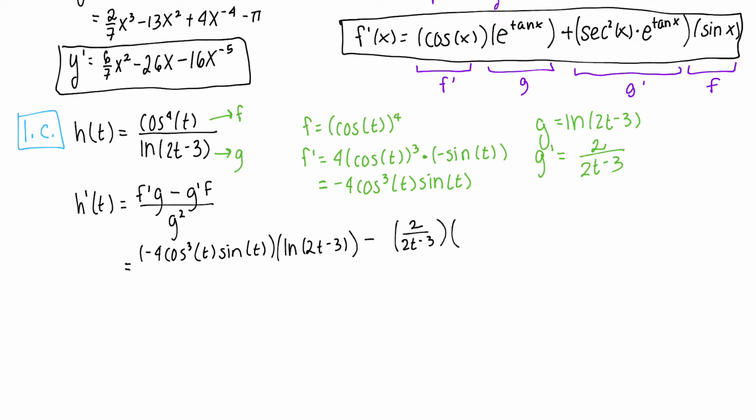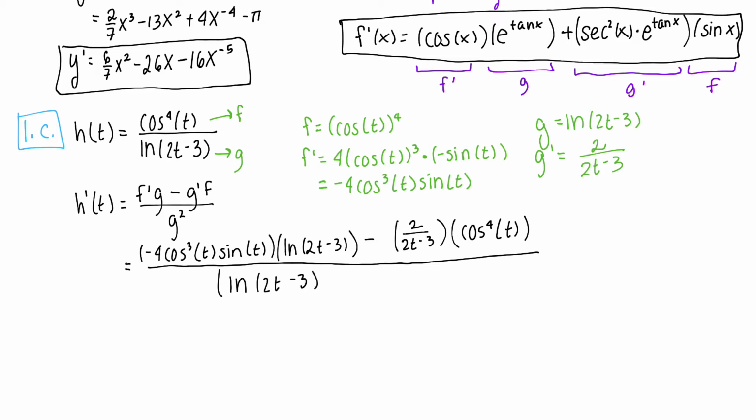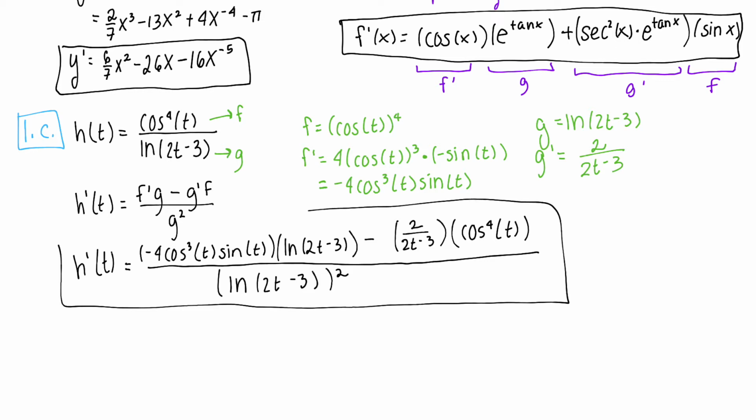And f, you could choose either this version or this version. Since this version's prettier, I'm going to choose that version. So f is cosine to the 4th t, all over g squared. So this would be ln of 2t minus 3 quantity squared. And that is your derivative.